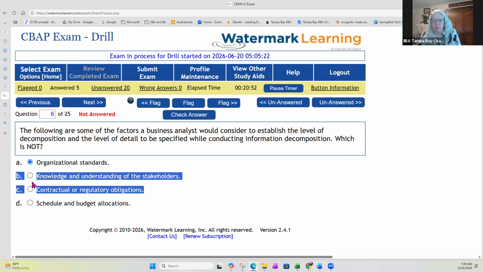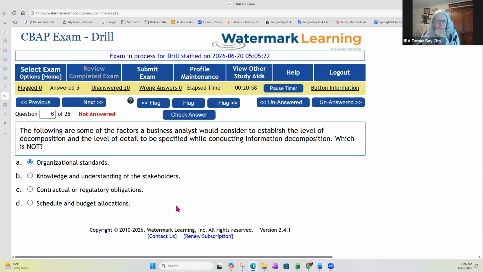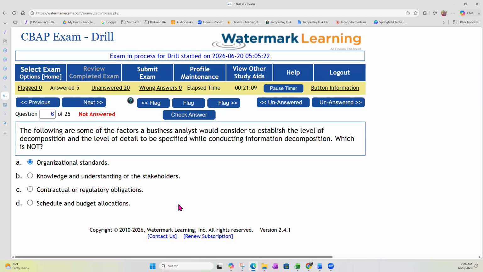Okay. I've got one vote for A. Gabrielle, Amarachi, what do y'all think? There would be the B for the understanding of the stakeholders. So that would be included or excluded.